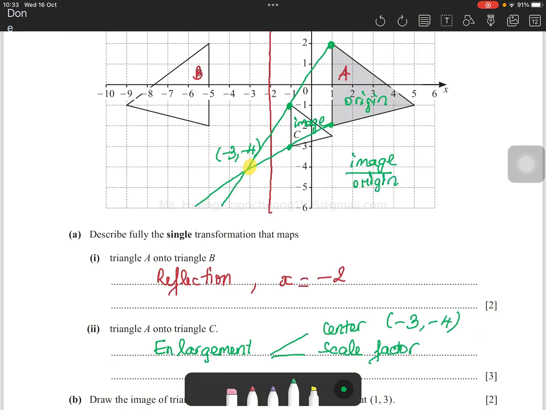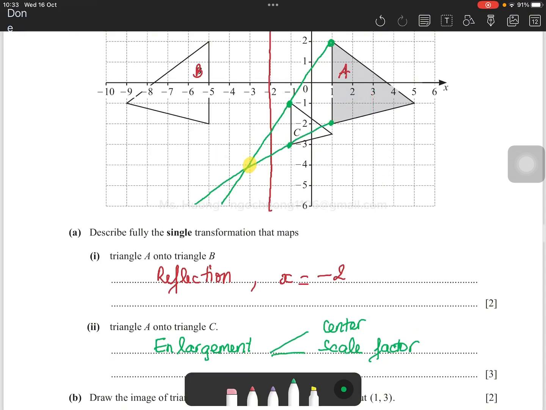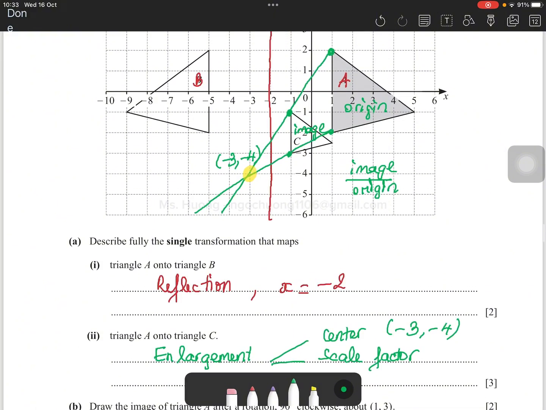In this case, we can check the distance from the center to the image. For example, this one, it is 2 units, but from the center to the original point, it is 4 units. So we can say that the image over original equals 2 over 4, which is 1/2.